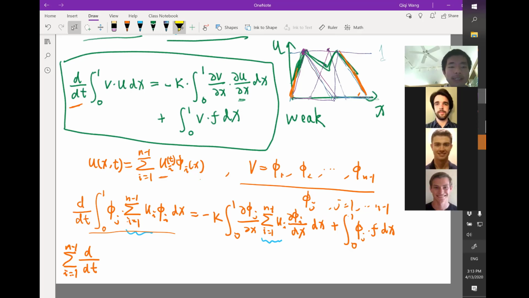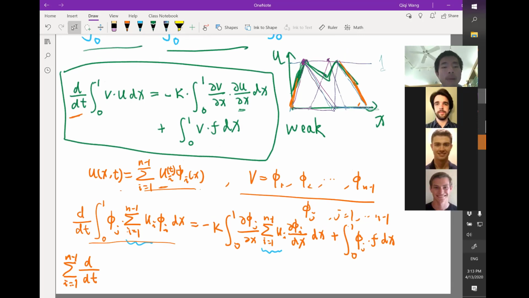So this decomposition is essentially splitting a function of x and t into a summation of the product of functions of just time and functions of just space, right? This kind of splitting is very interesting not just in numerical PDEs, but in partial differential equations in general.